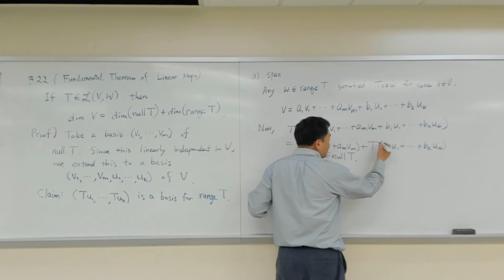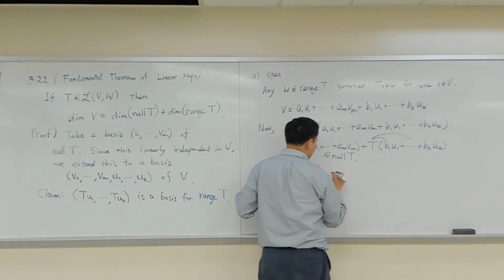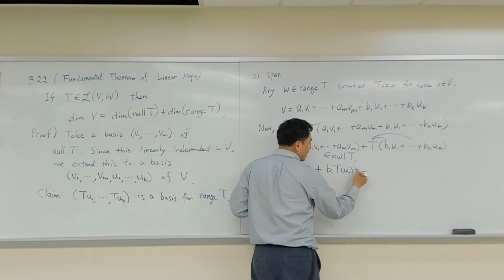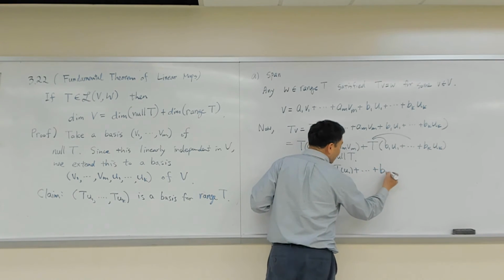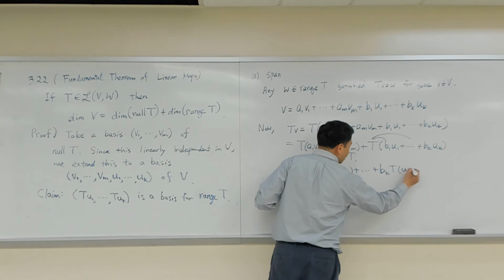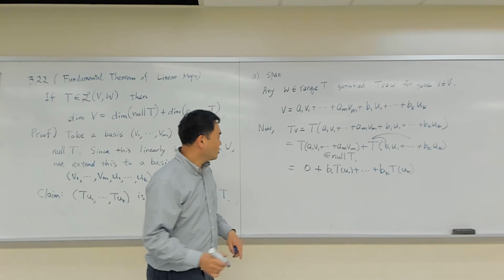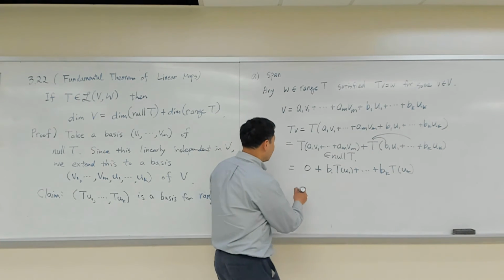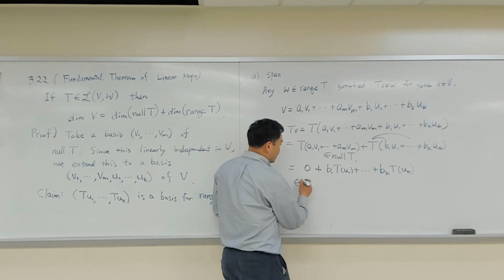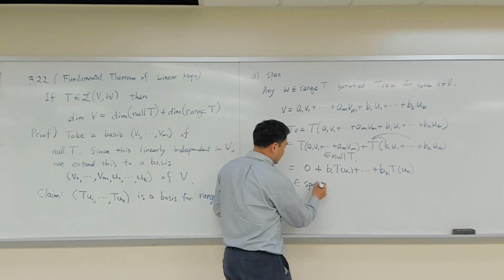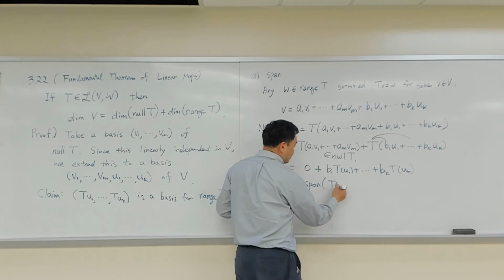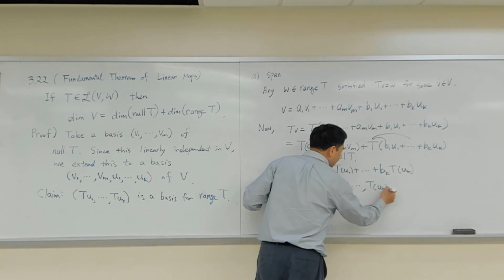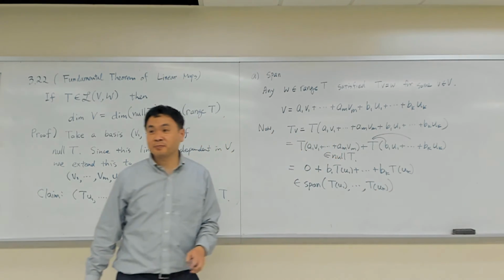And then this one, by using linearity, you can split this as B1 T of U1, and so on, BK T of UK. Oh, so this is indeed in the span of T of U1 through T of UK, right?